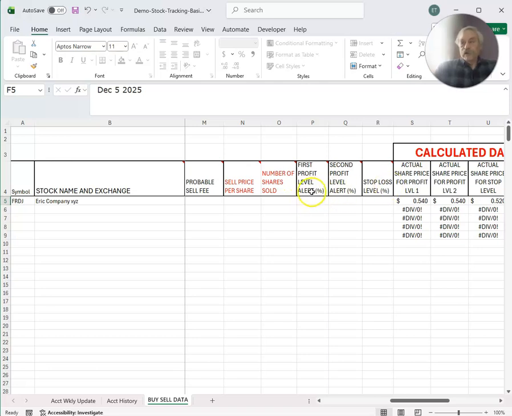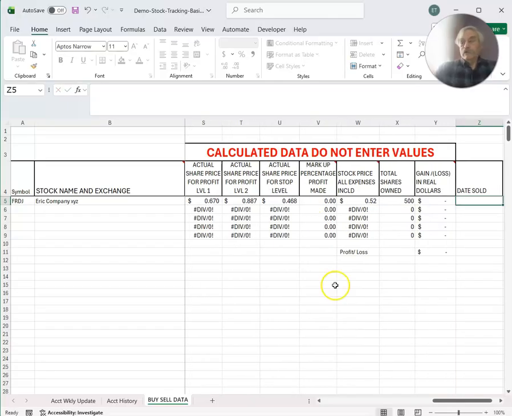This is kind of interesting because these are your profit level alerts. Personally, I like to know when I've reached a 20% profit, when I've reached a 40% profit, and most importantly, I don't want to lose more than 10%. Now, as soon as you put all of that in, you will see that you actually have prices in here.